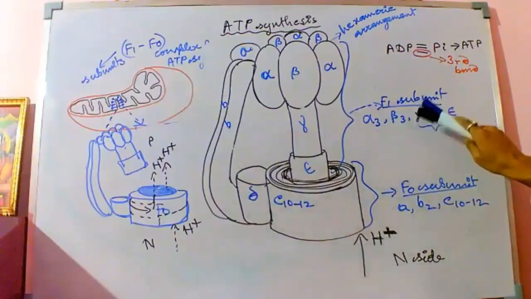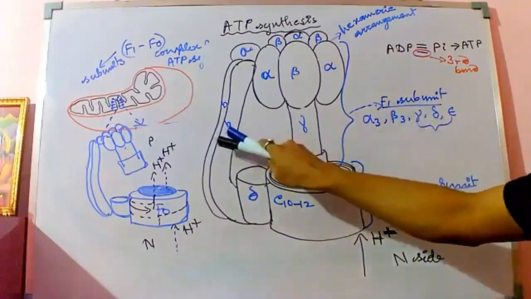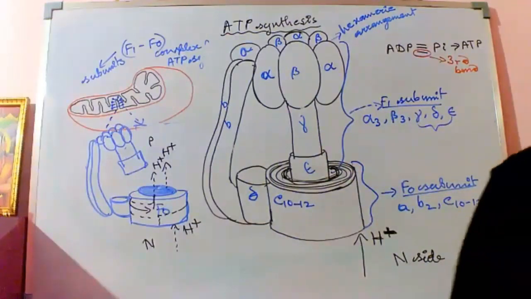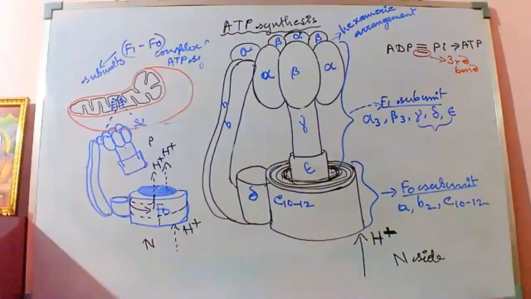This delta portion of the F1 subunit helps in attaching, or acts as a screw, a nut, like we fit a nut and bolt into electronic parts and all. In order to fit a circuit with another dynamo or a motor or a gear, we need a screw or something in order to attach all the parts.